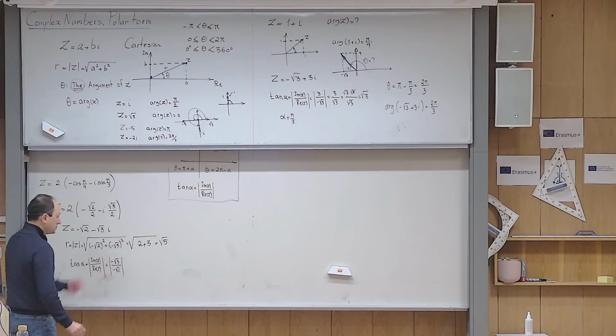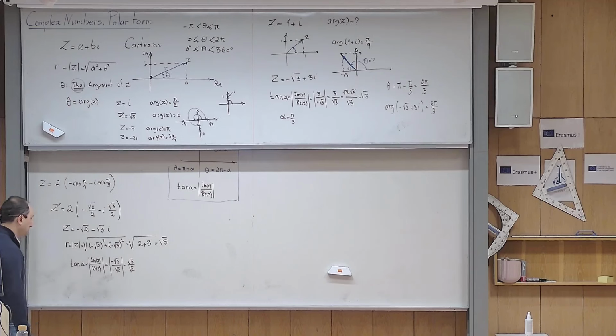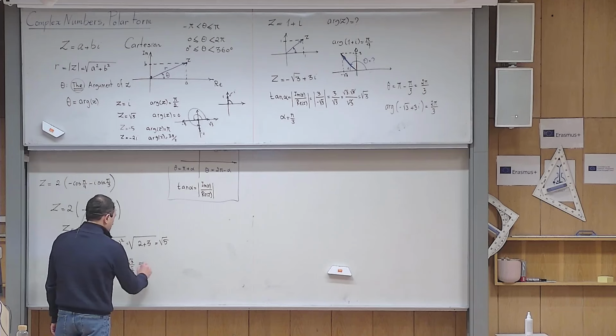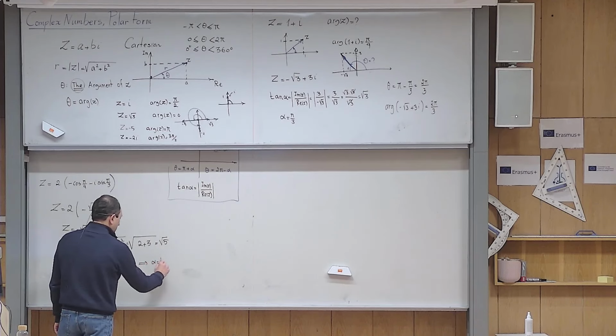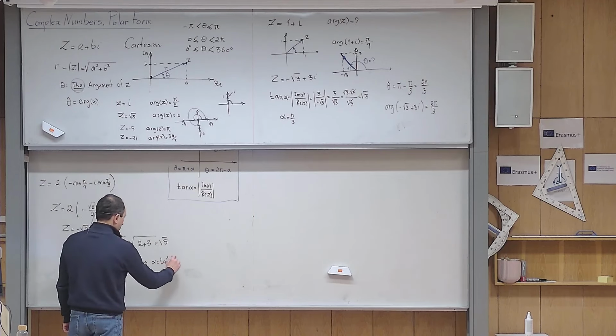And unfortunately, this is not a famous number. So it is just simply the square root of 3 over the square root of 2. But which angle is this? I don't know. The only thing that I can do is just write alpha is tangent inverse of that number. This is alpha.